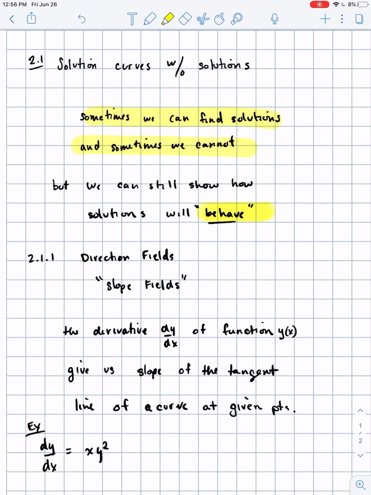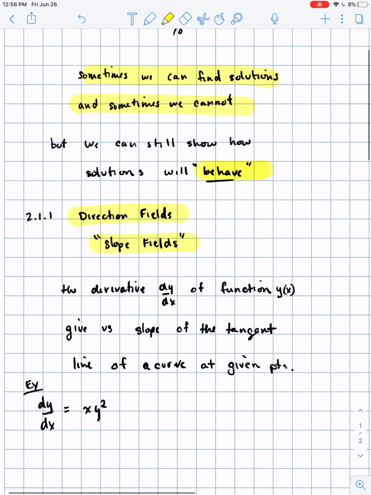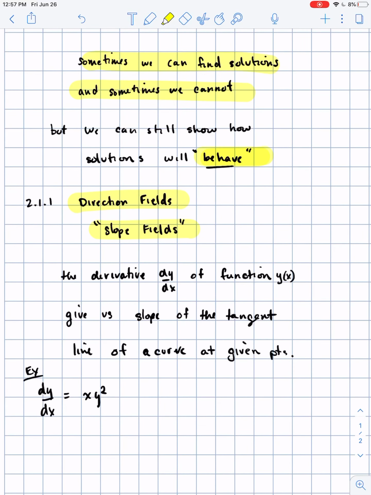And by looking at two different things, one would be direction fields is the first one. So that's in 2.1.1, and these are called slope fields. Thinking about slope fields or directional fields is kind of like a derivative is always going to give us a slope of the tangent line of a curve at a given point.